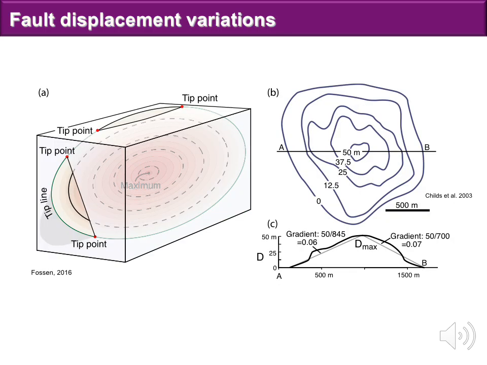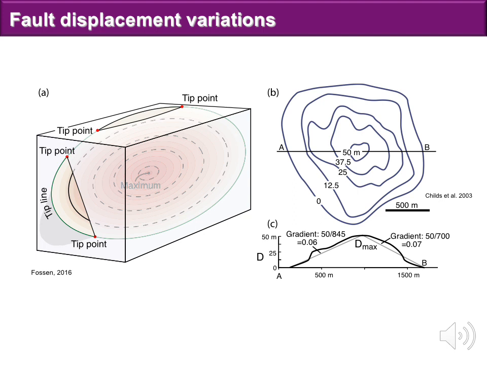There is the same thing again, showing tip points in different sections. The figure to the right shows a natural fault that has been mapped from seismic data and contoured from 0 to 50 meter offset, 50 meter more or less in the middle.